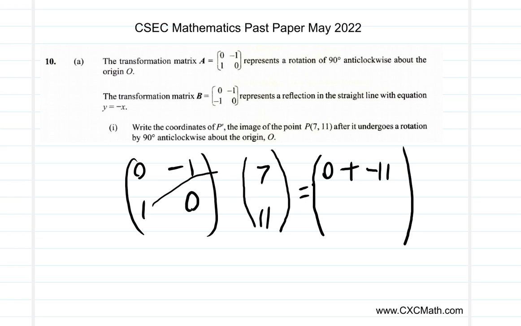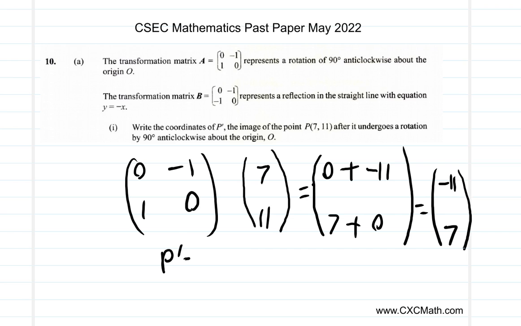Then 1 by 7 is 7, plus 0 by 11 is 0. So what you actually get is negative 11, 7. So here P prime is equal to negative 11, 7. All right.